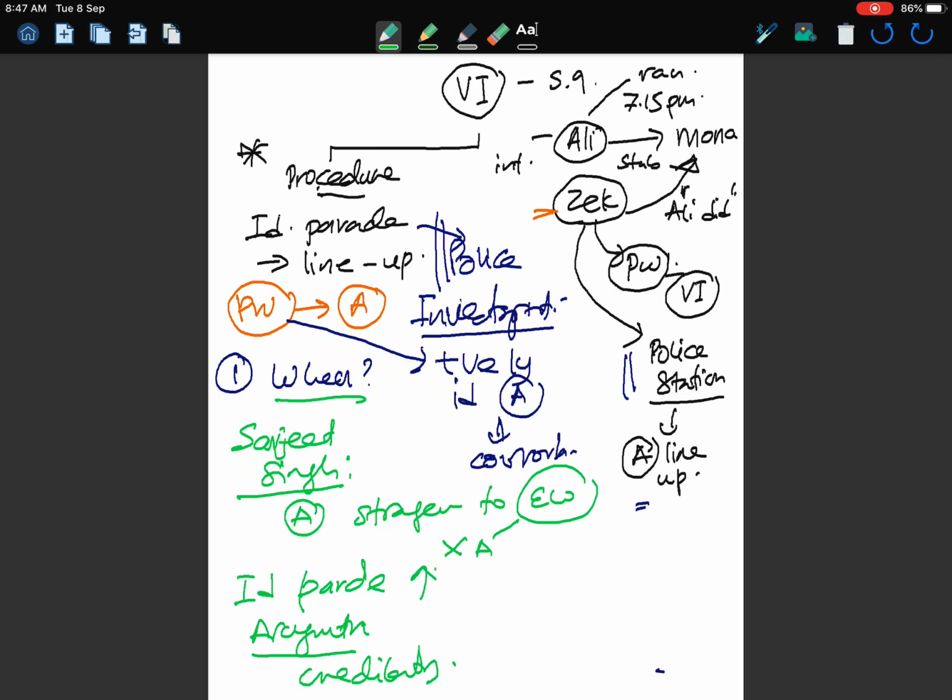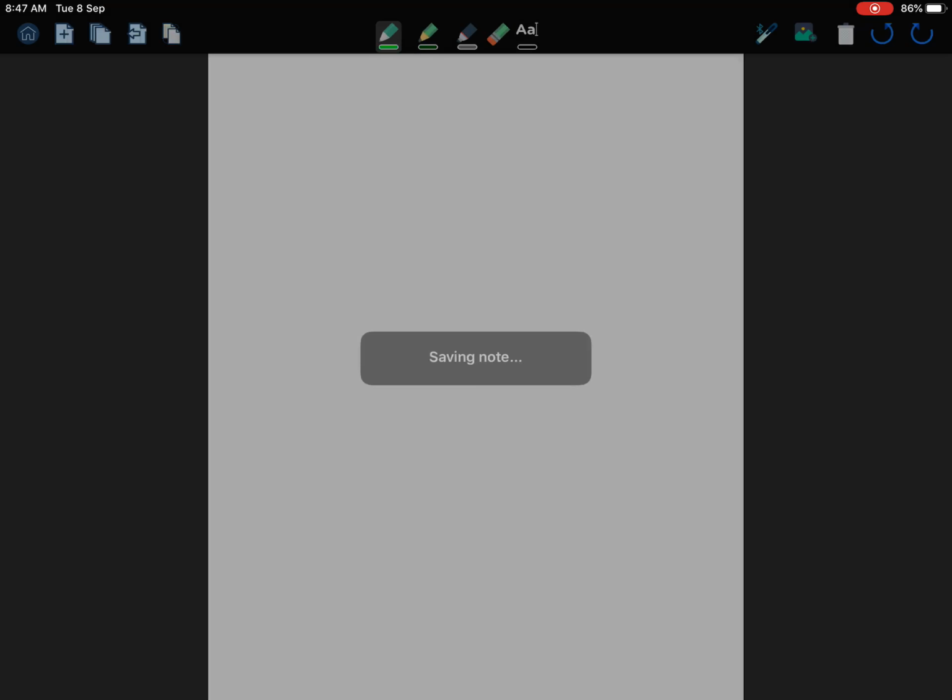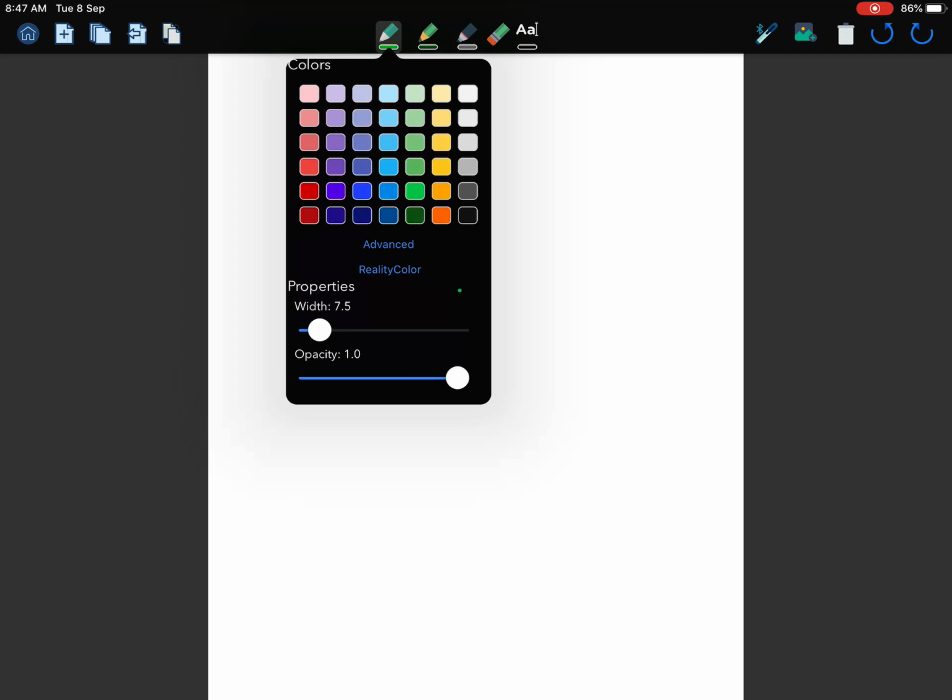Got the picture? So if you have a fact situation, you are looking at the police here, whether the police are doing their job properly or not, whether they do identification or not. So you got to look at the question, if the accused person is a stranger to the police, if the accused person is a stranger to the victim, right, then you have to conduct an identification parade.